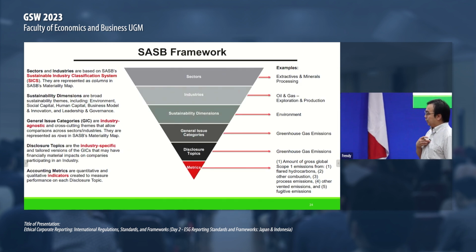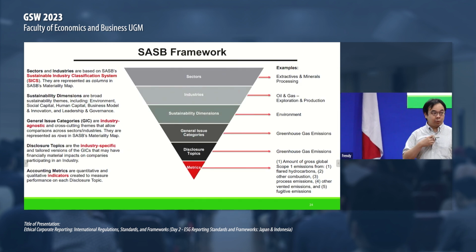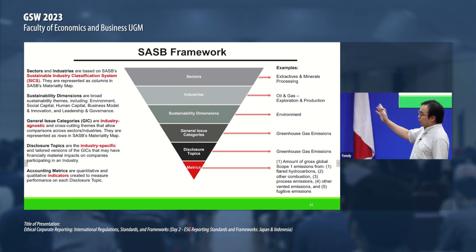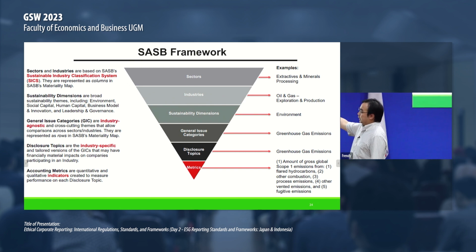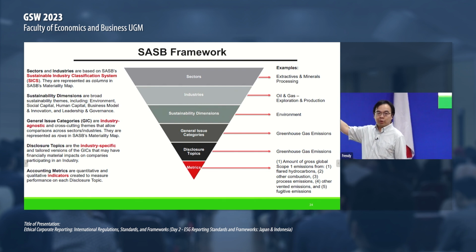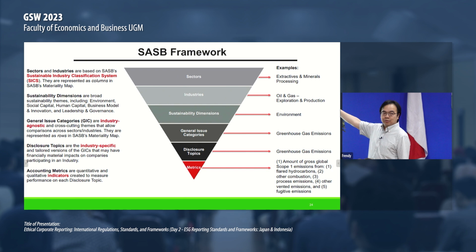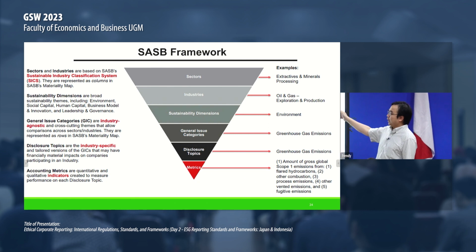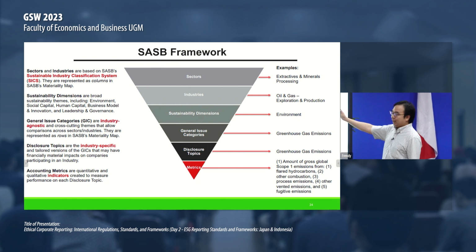So how could the framework be applied? It follows this principle. First, you have to consider what sector your company is operating in. Okay. So let's use this example. Extractive industry. What kind of industry? Oil and gas exploration. What dimensions do you want to disclose?